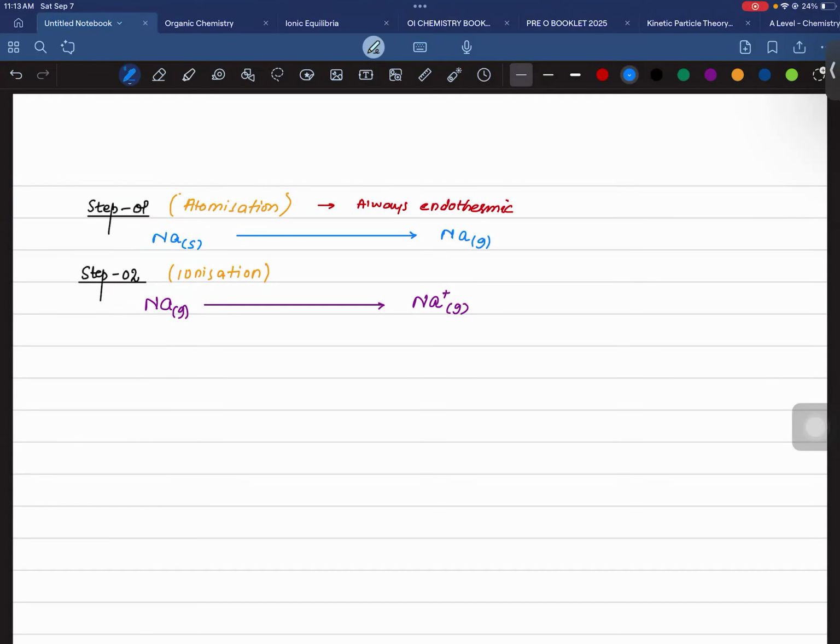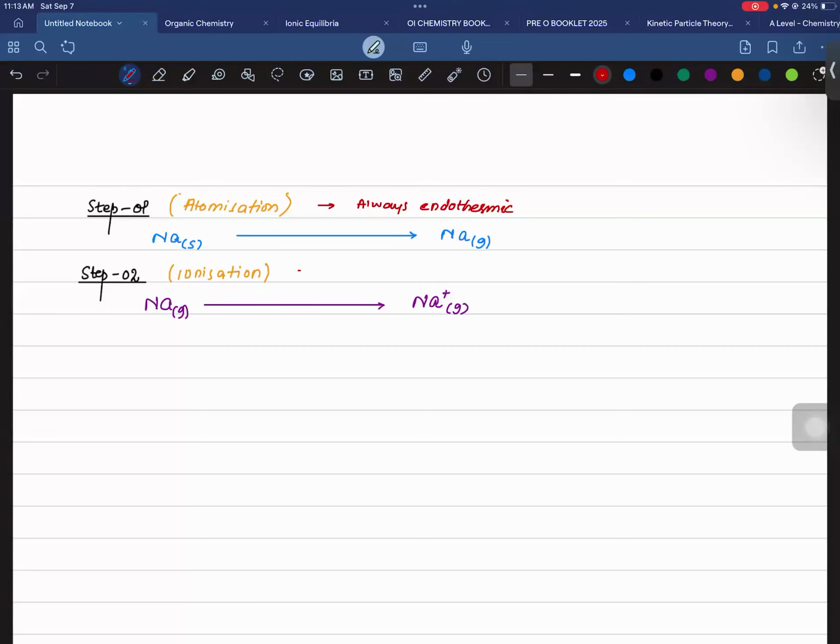It's also endo because it requires energy. Okay. Yes, you're right. Why? Because if you remember, we used to discuss the energy which is required to remove an electron from the outer shell of a gaseous atom.